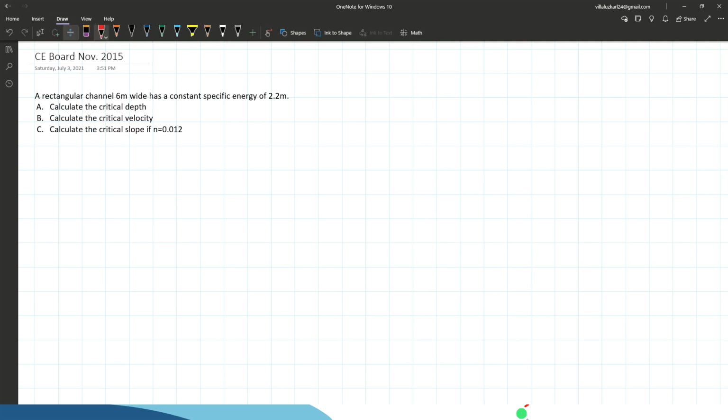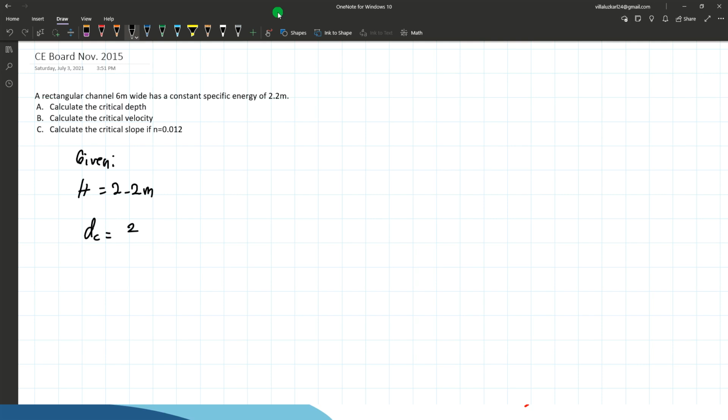CE board, November 2015. A rectangular channel 6 meters wide has a constant specific energy of 2.2 meters. So let's say this is h, 2.2 meters. Calculate the critical depth.